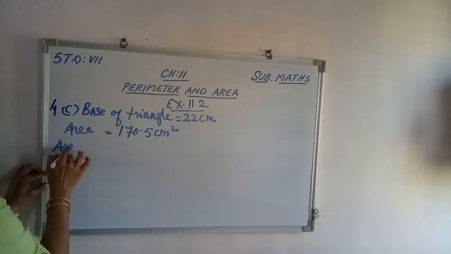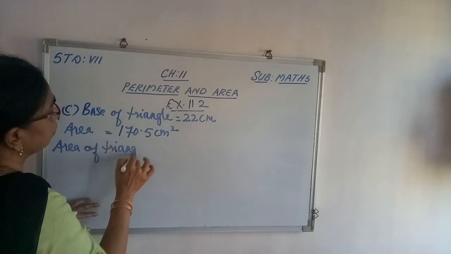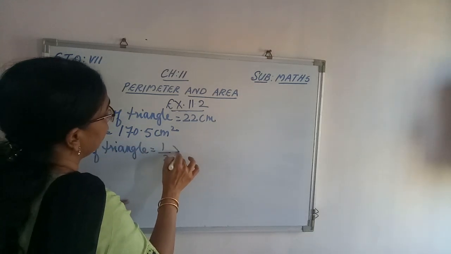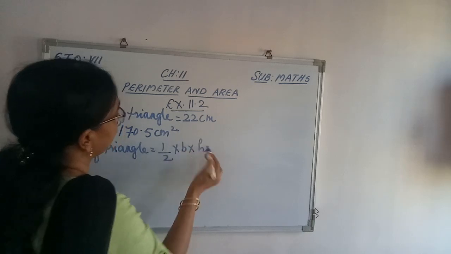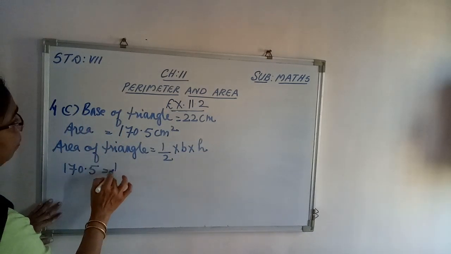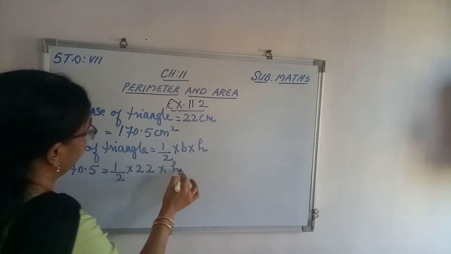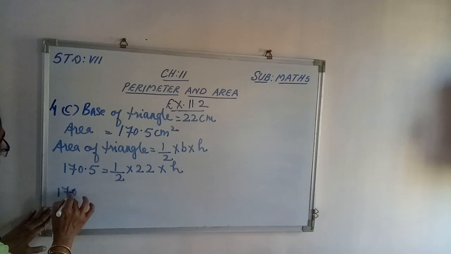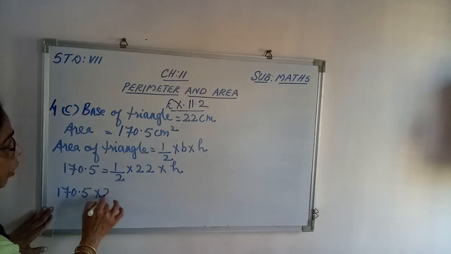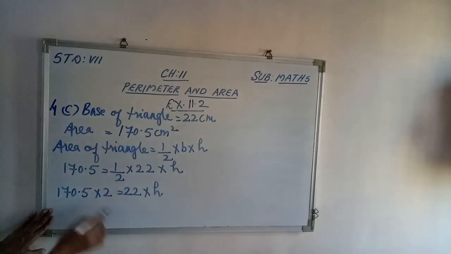We know the formula: area of triangle is equal to half into base into height. That is 170.5 is equal to half into 22 multiplied by h. So 170.5 multiplied by 2 is equal to 22 multiplied by h.